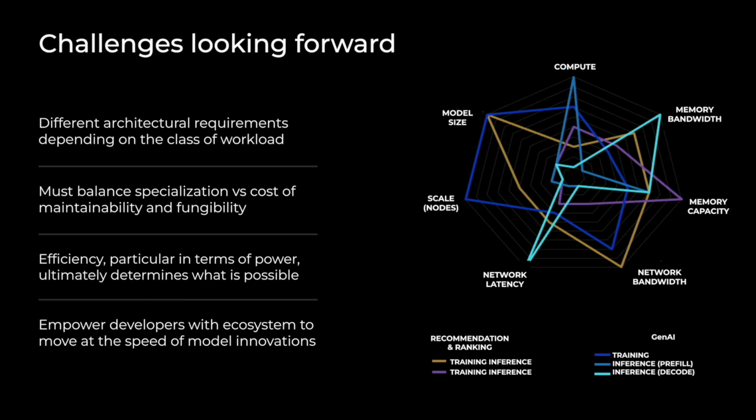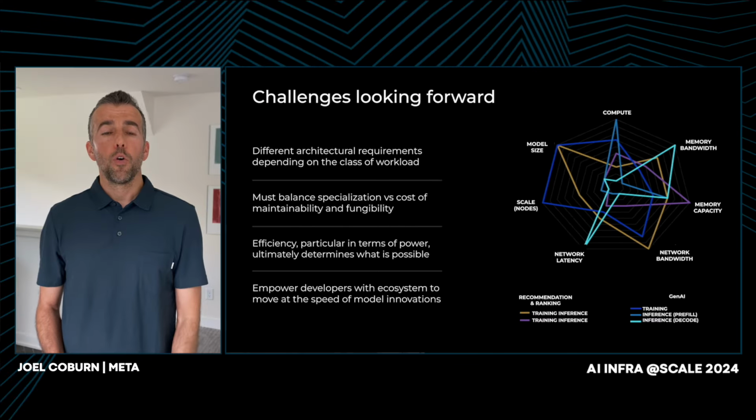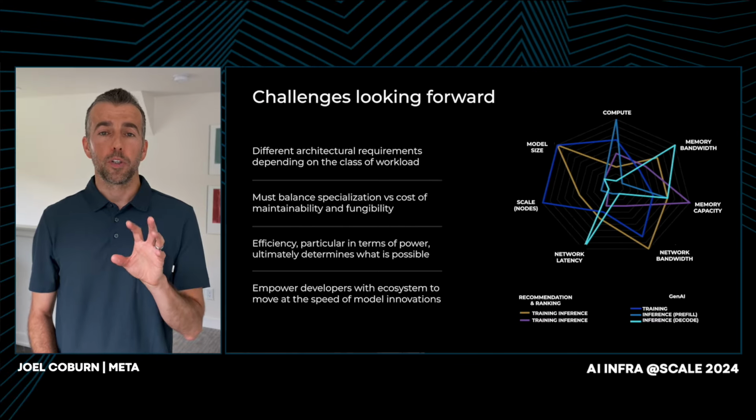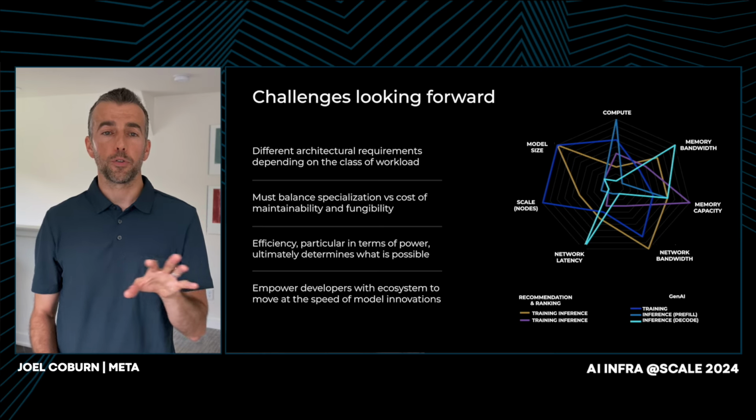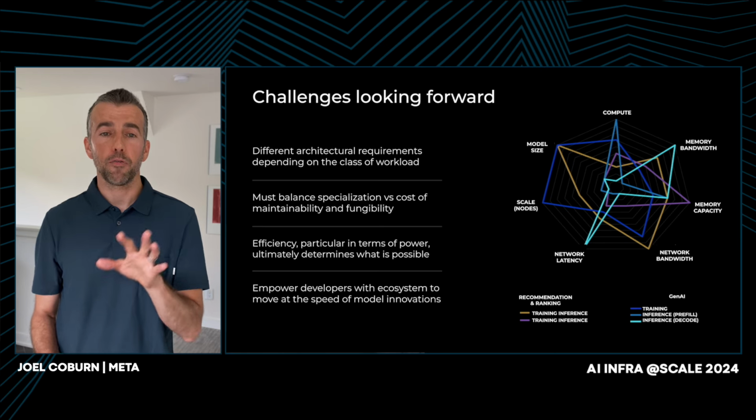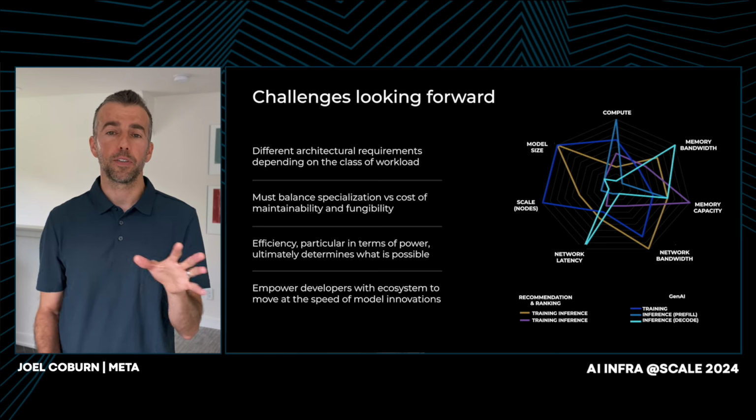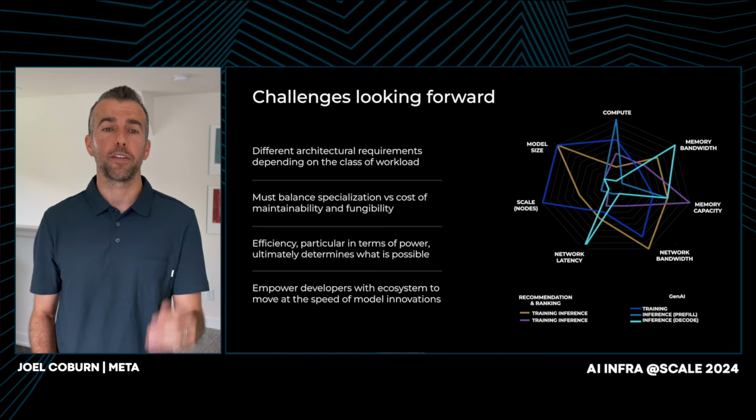And you can see that there are different compute, different memory, different network requirements across training versus inference, and across recommendation versus Gen AI models. So we must really balance the specialization for these different domains against the maintainability and the effort of doing those designs, so it's something we can deploy and maintain in practice.